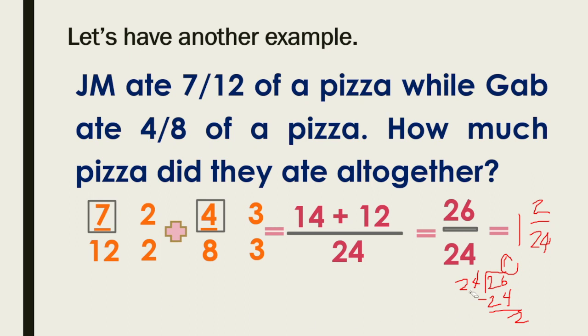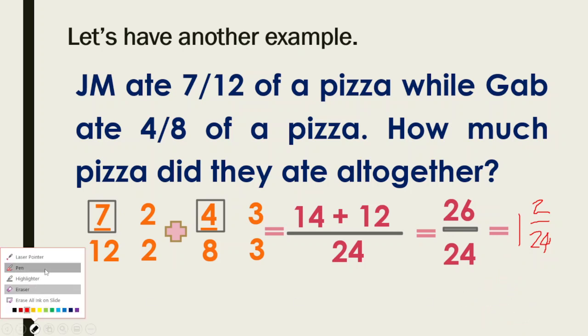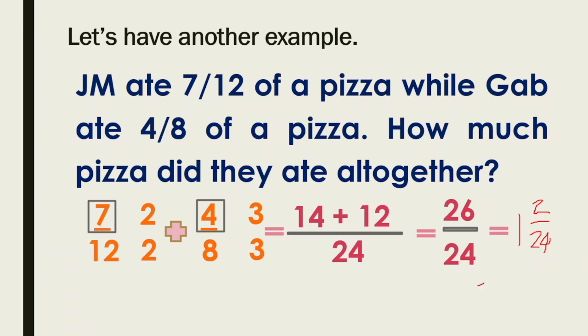Because hindi pa siya in simplest form. So, in trying to change it to simplest form, we copy the whole number. And what could we use to divide 2 and 24 is 2. 2 divided by 2 is 1. And 24 divided by 2 is 12. So 1 and 1 over 12. So that would be our final answer.